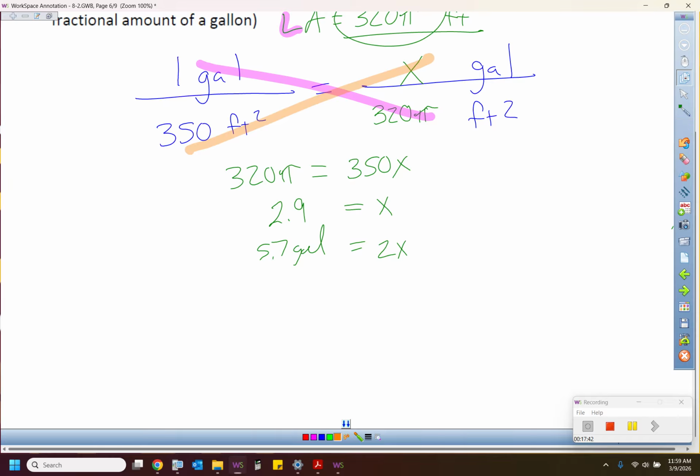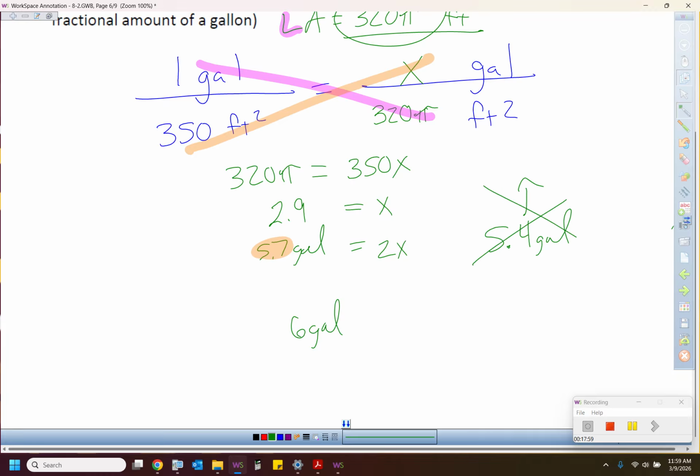It doesn't even matter about math rules of rounding. We're always going to have to round up to the nearest gallon, so this would be 6 gallons of paint. Even if that was 5.4 gallons, 5 gallons is not enough. We have to round up every time in the real world. So we need 6 gallons of paint.